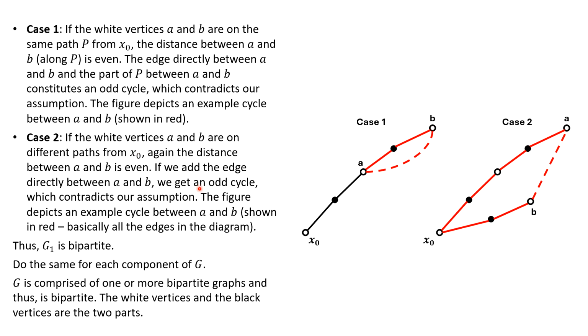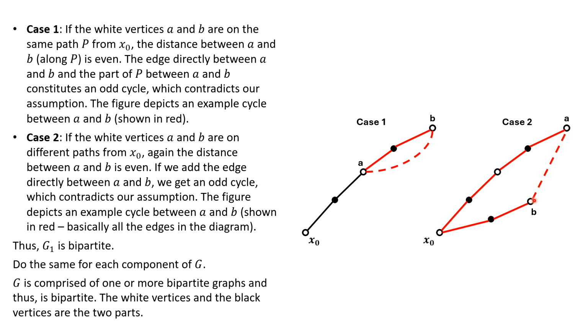Then the other case is where you have A and B on different paths from x sub 0. So this is even. This part, what I'm pointing to here, has an even number of edges, right? That's by the definition of how we define the white vertices.